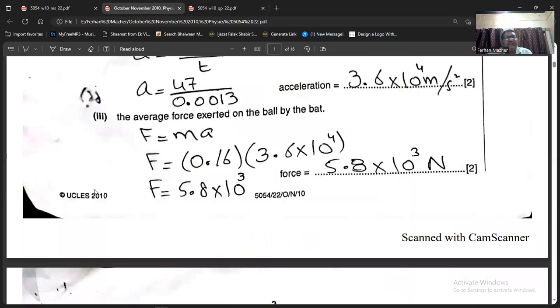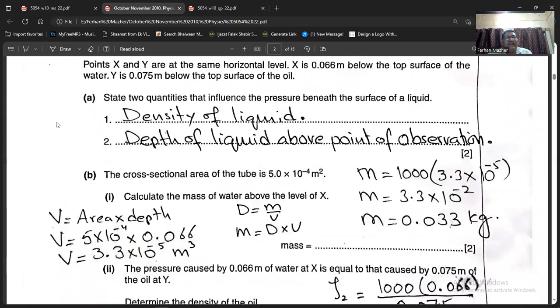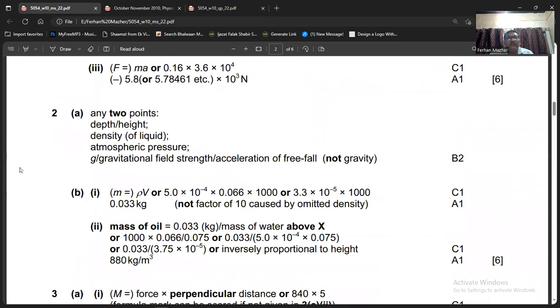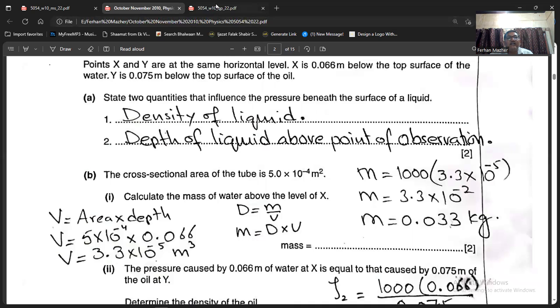So these are the factors which influence. And let me show you my written answer. I have written density of liquid and depth of the liquid above the point of observation. So for question number 2, the marking scheme, you can see A part, the marking scheme is showing up. Okay, so this is my answer.